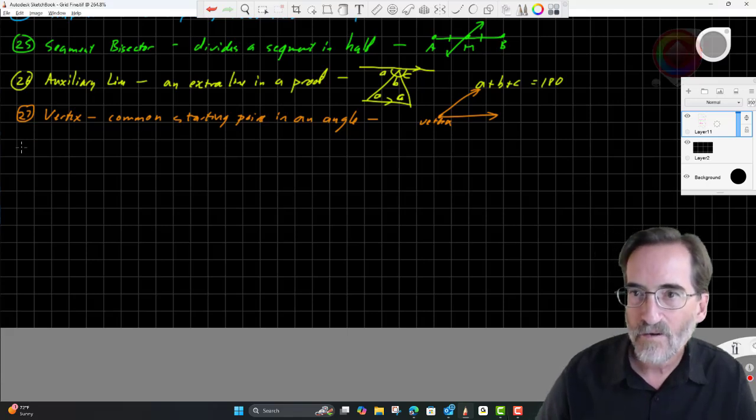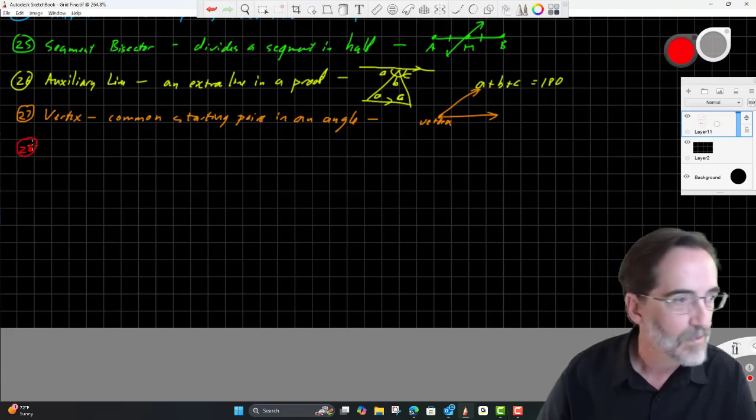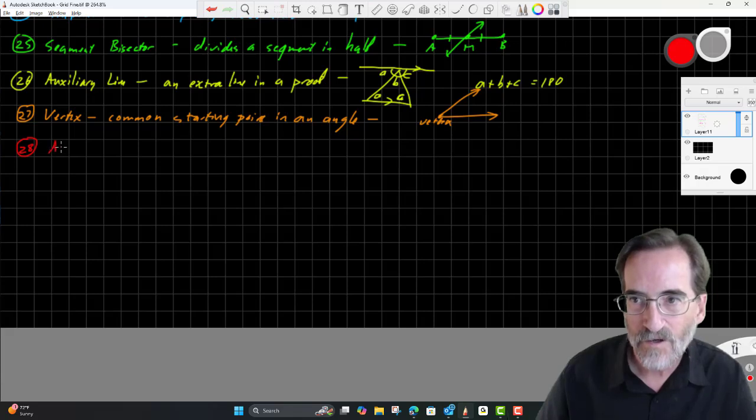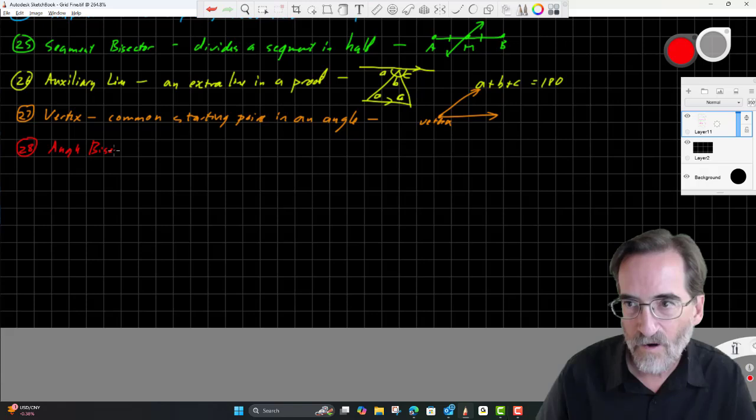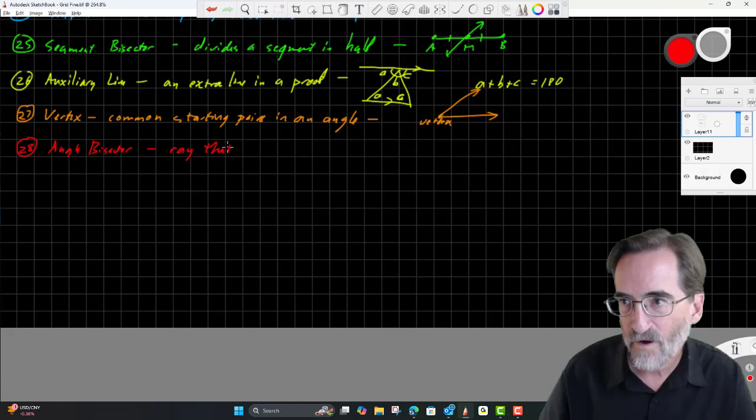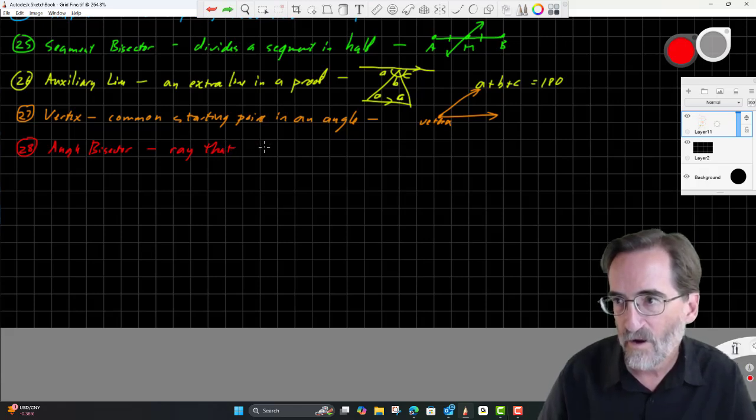28. Angle bisector. It's a ray that splits an angle in half.